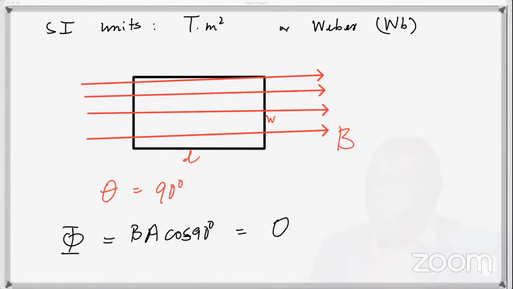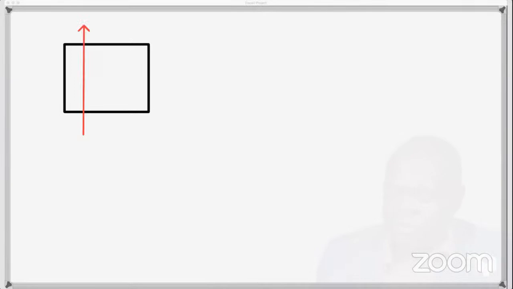And the same would be true if we had, I'm just going to draw multiple cases. So if we had something like this, this is your B. Again, here theta is 90 degrees because the normal is always coming out of the plane. So the field is going up, the normal is coming out. The angle between out and something lying on the screen is 90 degrees.